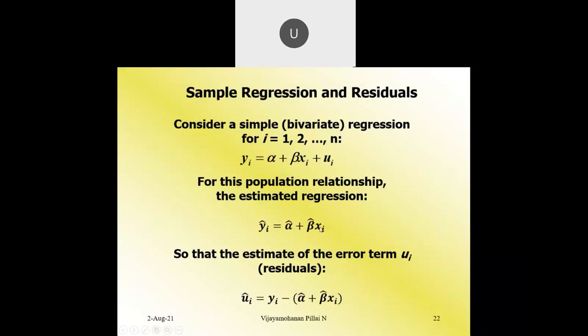Now, we come to a very famous theorem which is called the Gauss-Markov theorem. The theorem says that out of all the class of linear unbiased estimators, the OLS estimators have the smallest variance. That is, they are more efficient, or they are the best.